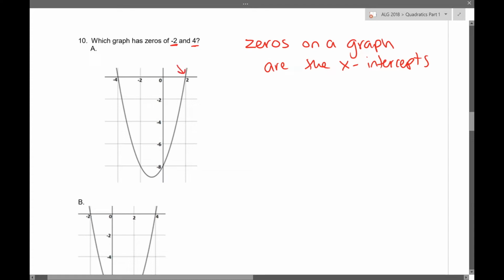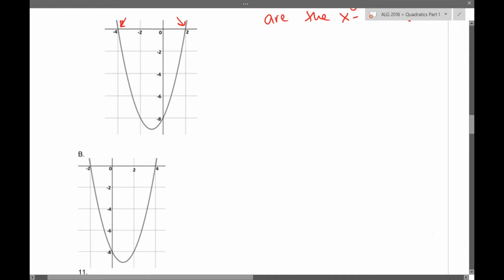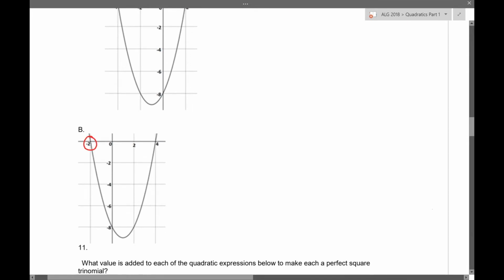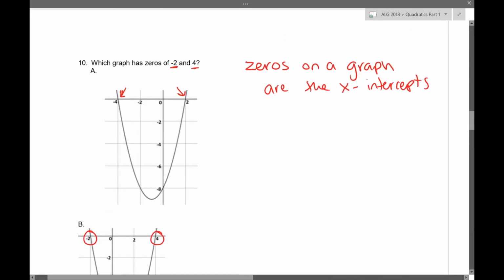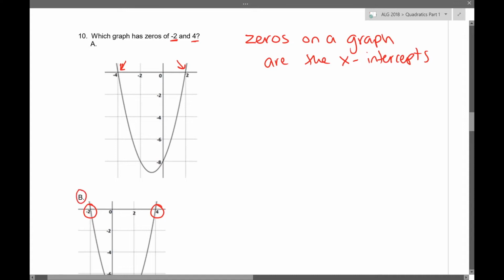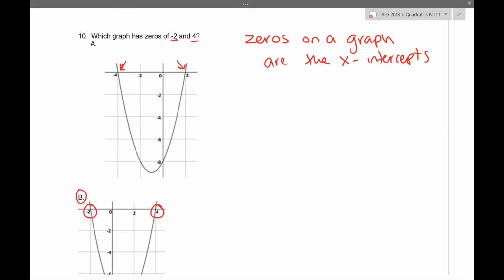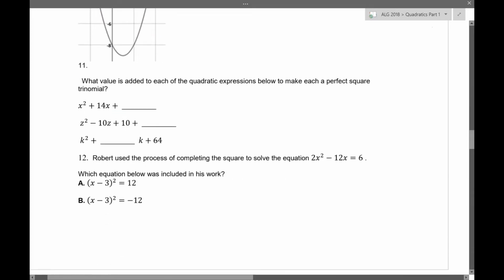Well, currently this one hits at negative 4 and positive 2, so that's wrong. This one hits at negative 2 and positive 4, which is what I needed to get, and that answer is B. So very, very easy question. All you need to know is where does it hit the x-axis? Okay, let's go down to number 11.